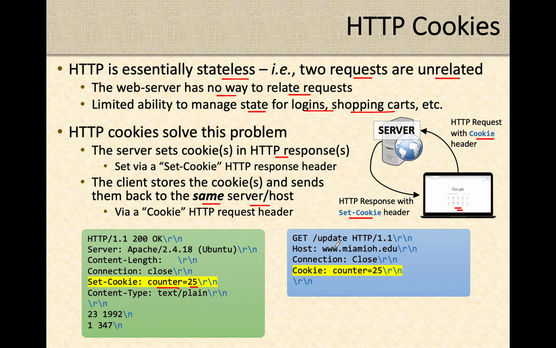The server can then use some information in this Cookie header. Typically, they'll put some IDs and such in these cookies. And this information is used by the server to establish that relationship between successive HTTP requests so it can manage state and provide some of the more complex and sophisticated functionalities like logins, managing shopping carts, and things like that.